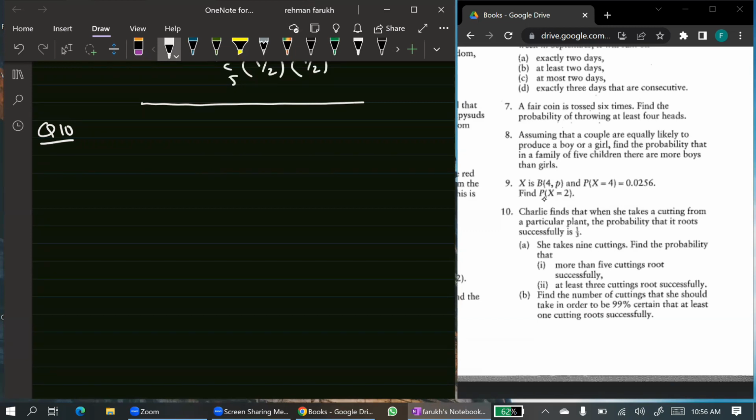She takes 9 cuttings. Find the probability that more than 5 cuttings root successfully. Total number of experiments is 9 and the probability of success is 1 by 3. X is a binomial distribution with 9 comma 1 by 3.